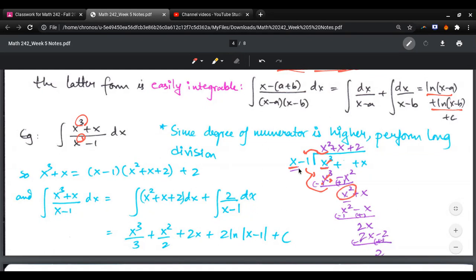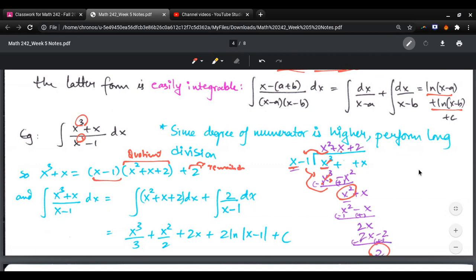Then you compare x squared with x. You need an x to get that. And so on until you're left with just the number 2. What this means is x cubed plus 1 can be written as x minus 1 times the quotient from the division, plus the remainder.